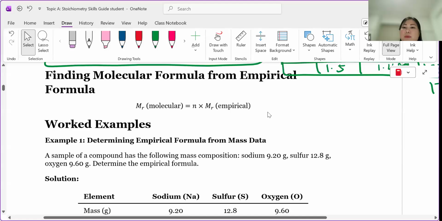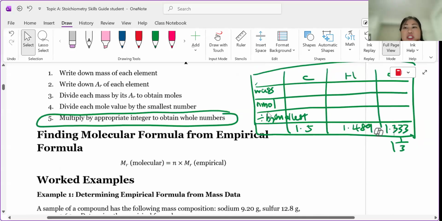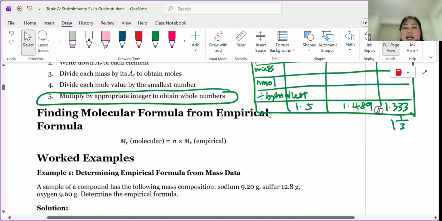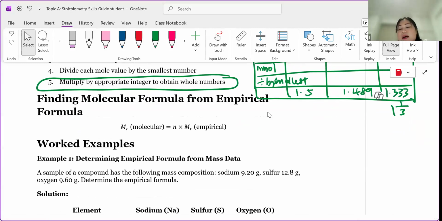Okay, so after we get the empirical formula, what's the relationship between the molecular formula and the empirical formula? The relationship is that the molecular formula is n number of sets of the empirical formula.